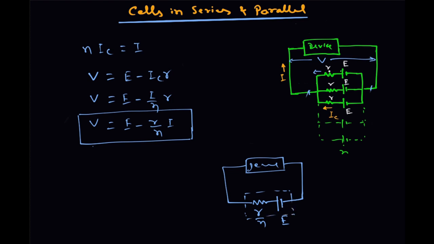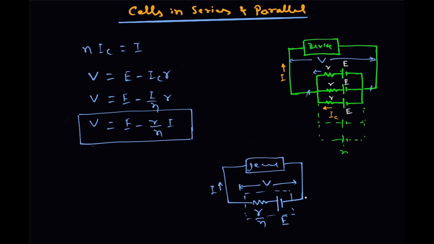So this is equivalent to this circuit. You can see that the EMF remains the same, but the internal resistance has become R divided by N. The same current I will flow, so E minus I into R by N is the voltage across this battery's terminals, or the voltage across the device.